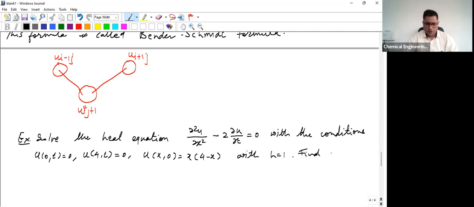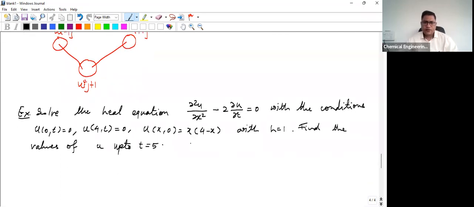And here we have to find the values of u up to t is equal to 5. So you can see the equation with the initial values and boundary values.